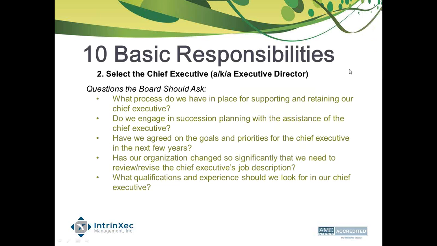The second basic responsibility is to select the chief executive, the executive director. So several years ago, when Sherry was added to the team, we went through the process with the executive committee at the time.